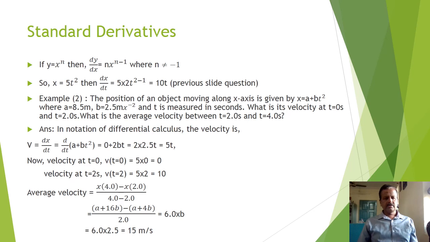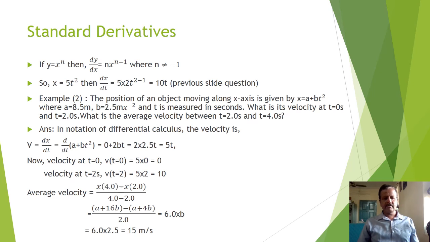Okay. Now what is velocity? As I said, it is dx by dt. So we know x equal to a plus bt square. The given equation is x equal to a plus bt square. So differentiating x with respect to time t, we write dx by dt. dx by dt is equal to d by dt of a plus bt square.